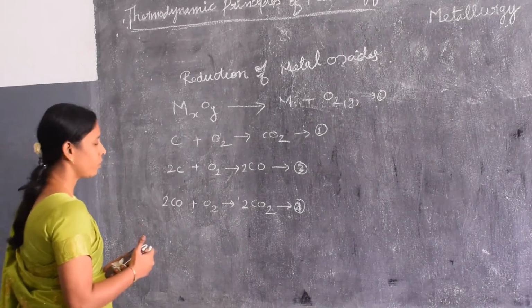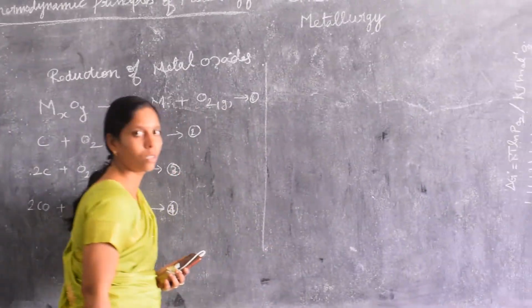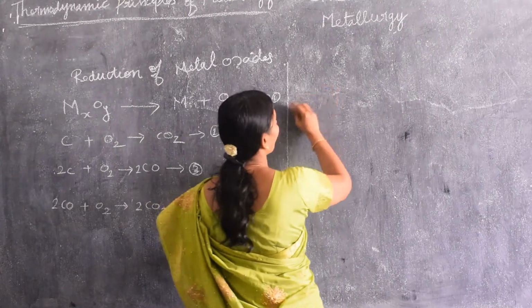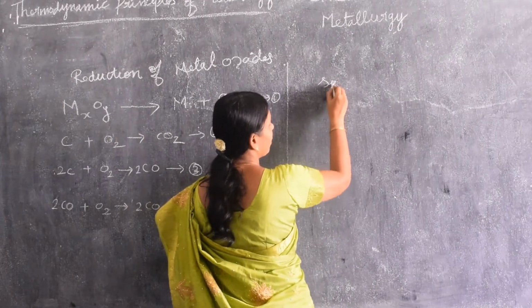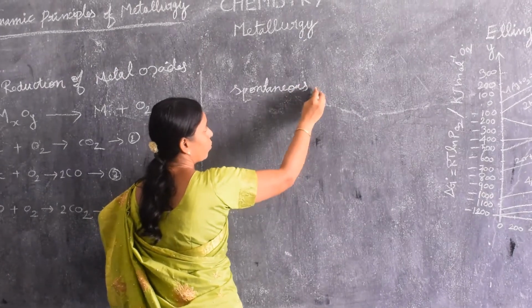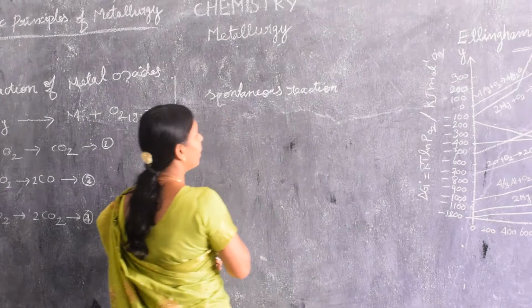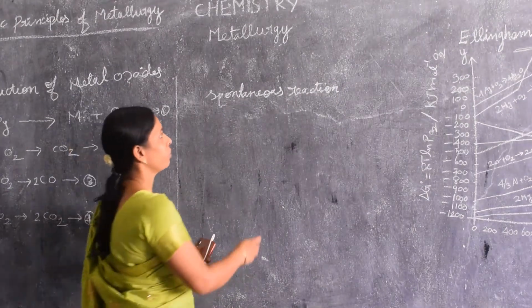In thermodynamic principles, for a spontaneous reaction the delta G value is negative.